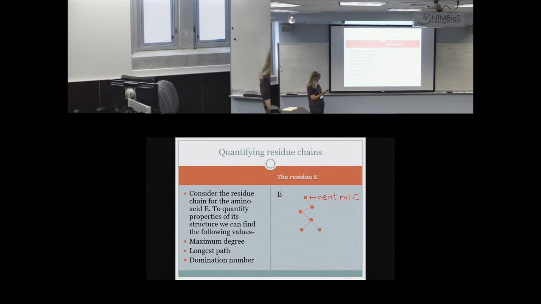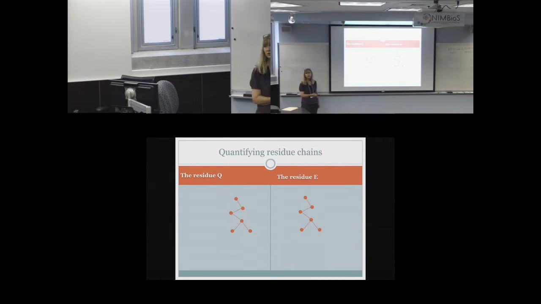And given that these are small, it's easy to go ahead and use some combinatorial graph theory as well as chemical, because the maximum degree is 3, longest path is 4, domination number is 2. I mean, they're real easy to calculate those values.